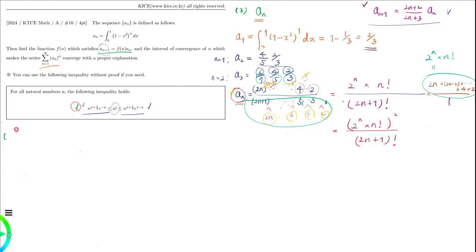Okay, to control the term of 2n plus 1 and its factorial, which is the denominator here, we just plug 2n plus 1 into n here.